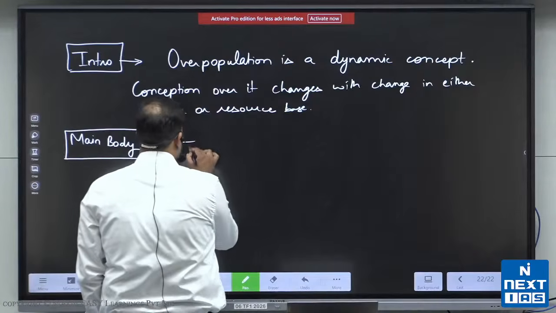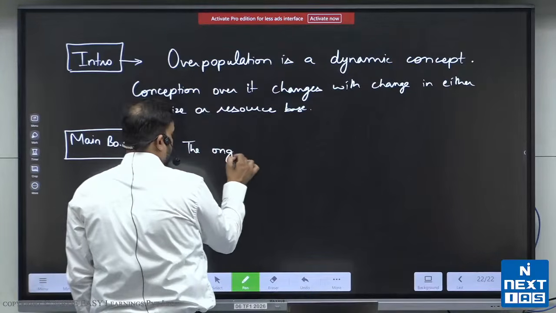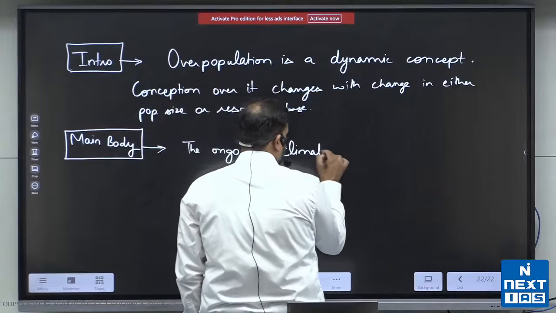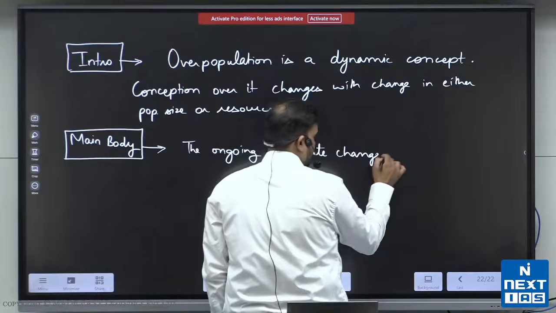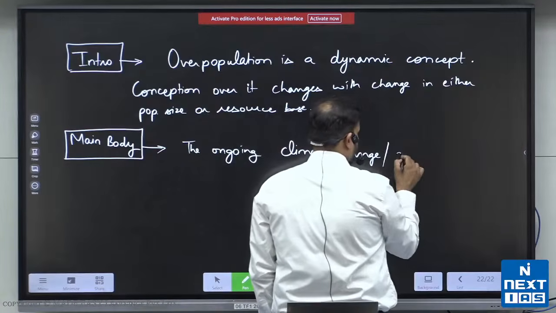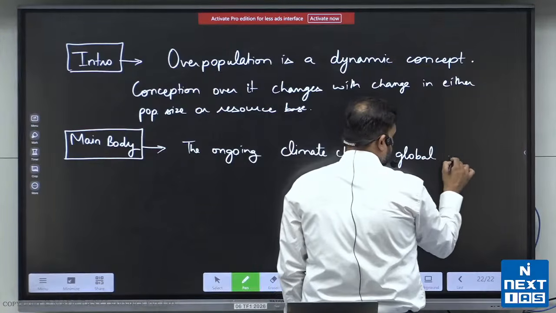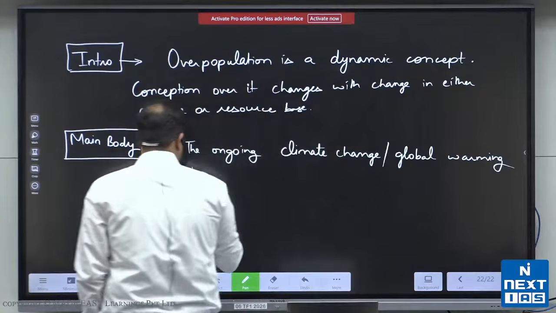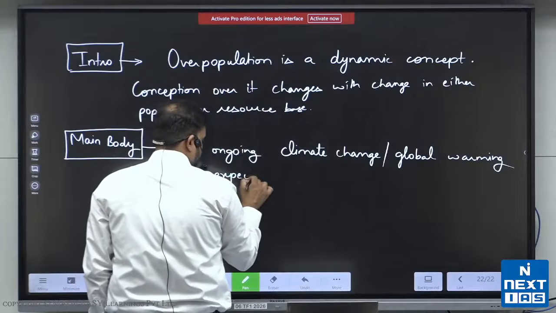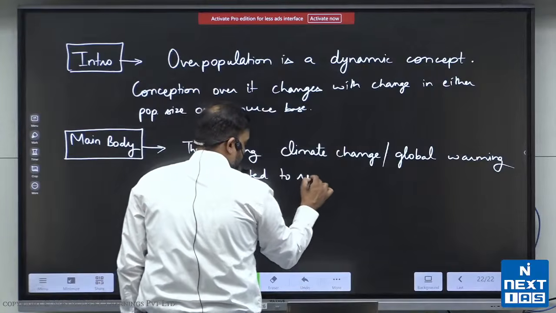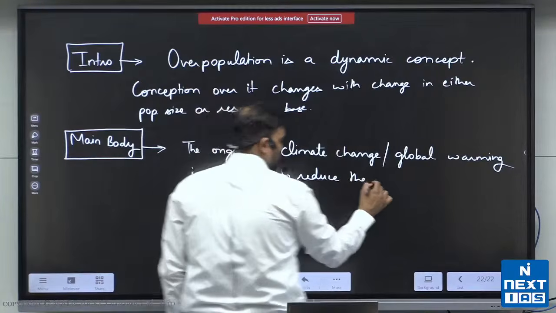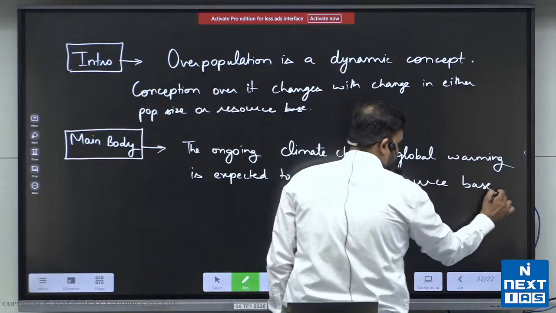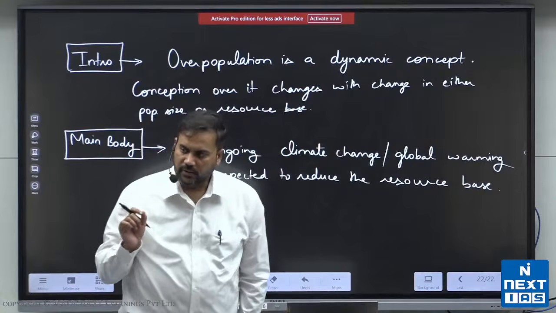So the ongoing climate change or the global warming is expected to reduce the resource base.